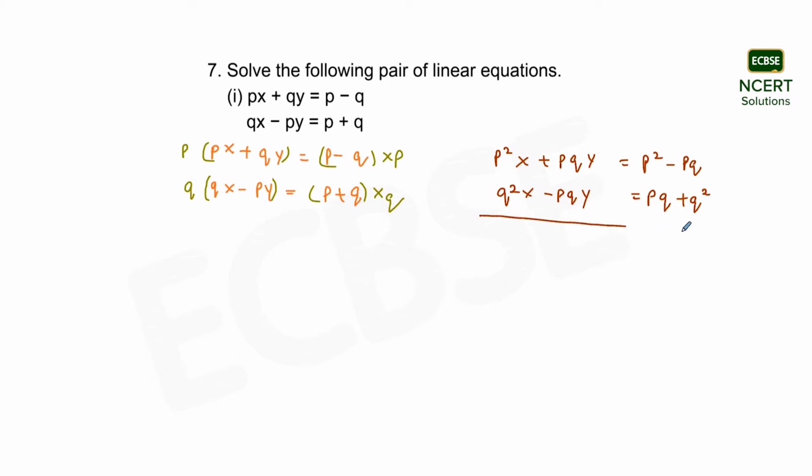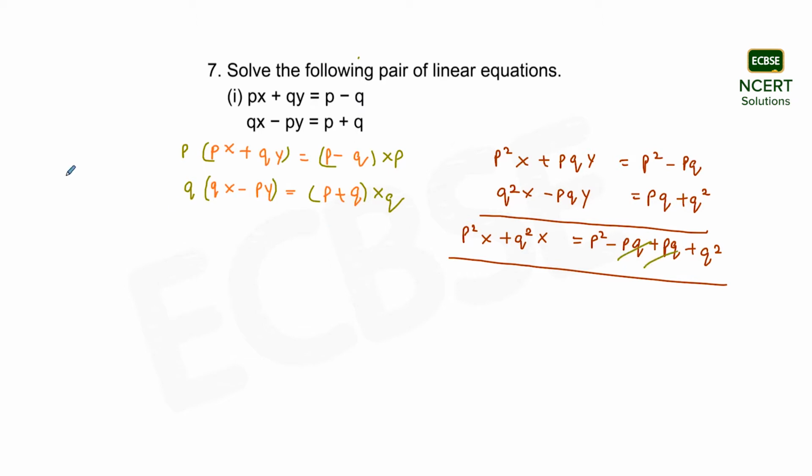Now adding both equations, first and second, I'll get p²x + q²x, and these pqy terms will cancel out each other, equal to p² - pq + pq + q². And if I see clearly, here pq will cancel out, as they are of opposite sign on the same side.